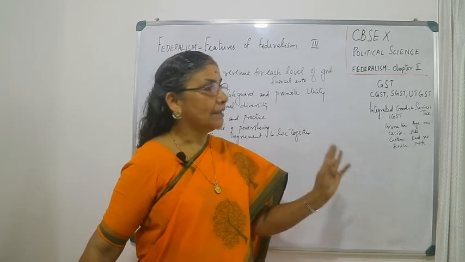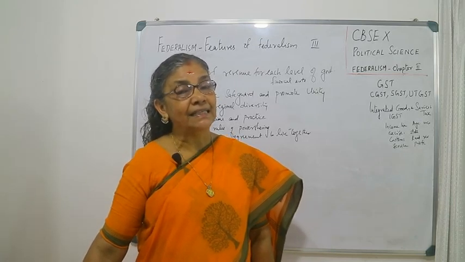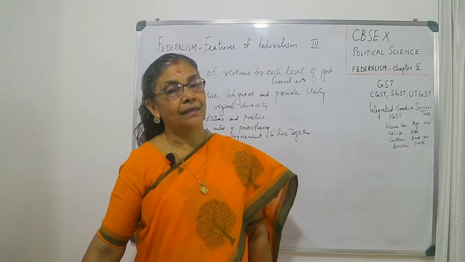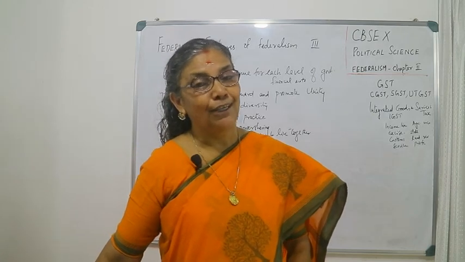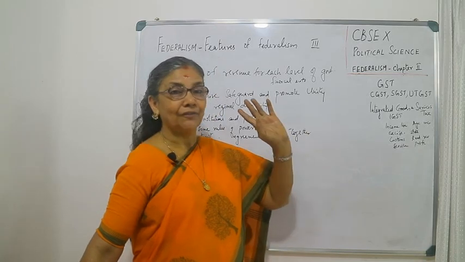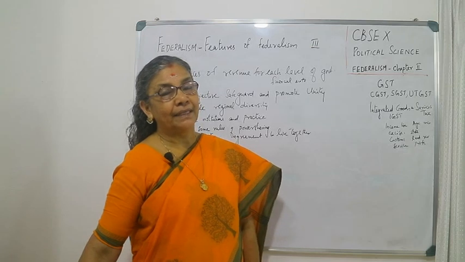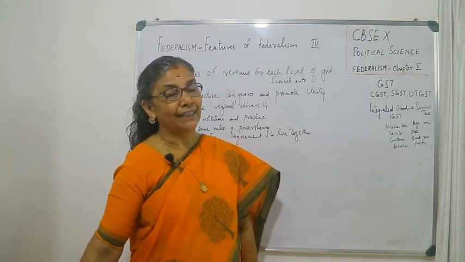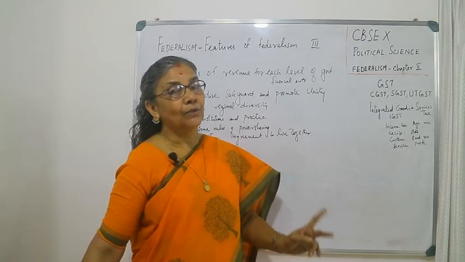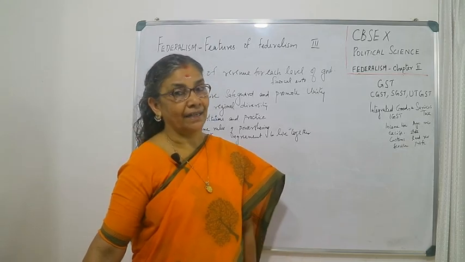Now we are following the GST system of tax, that is goods and services tax. From there itself we can see 4 types of taxes. There is CGST, the central goods and services tax. That revenue goes to the central government.